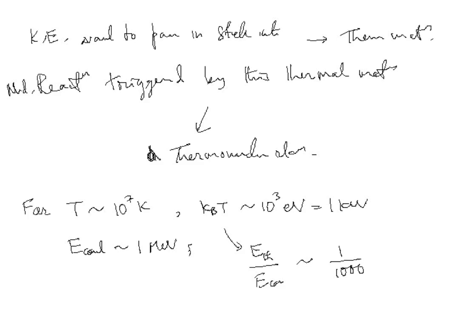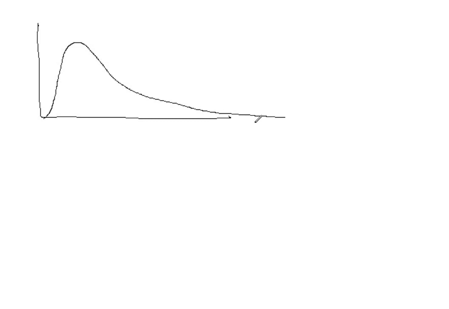Now let us consider the Maxwell-Boltzmann distribution. Because stars like the sun roughly follow the Maxwell-Boltzmann distribution, and you must remember that in the Maxwell-Boltzmann distribution the high energetic particles are in the tail, right?